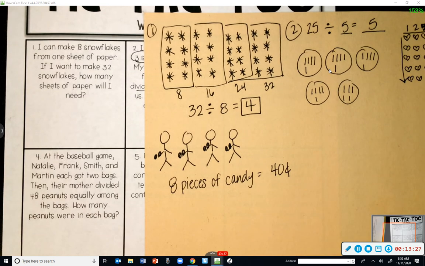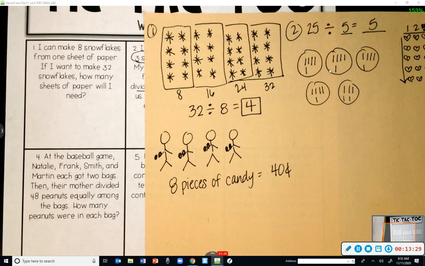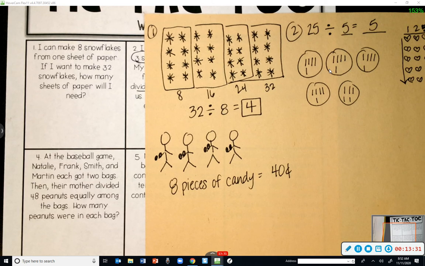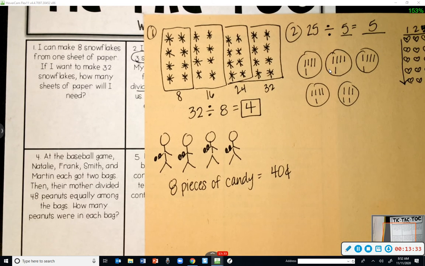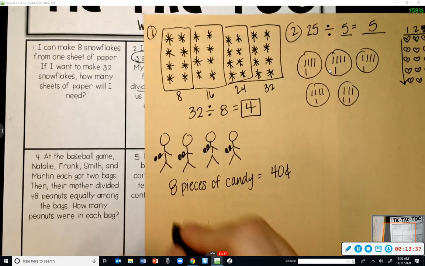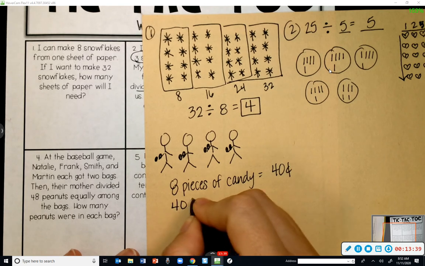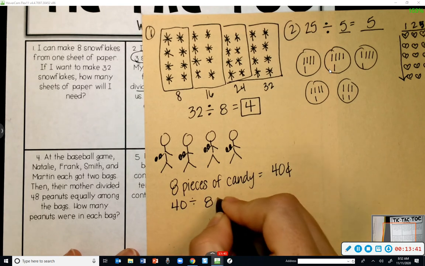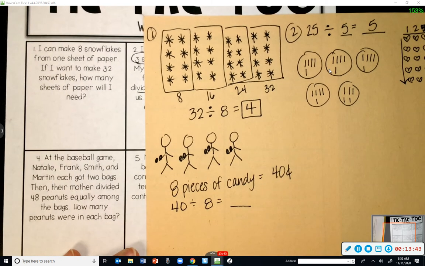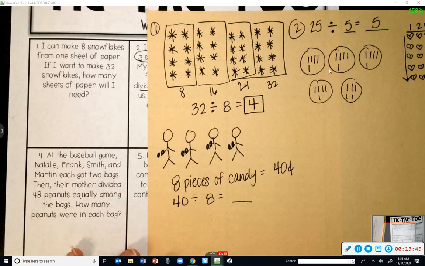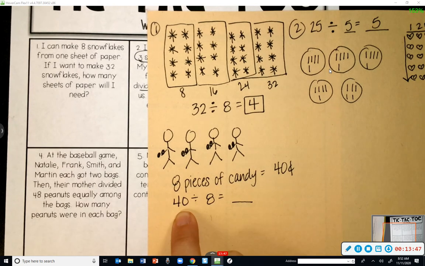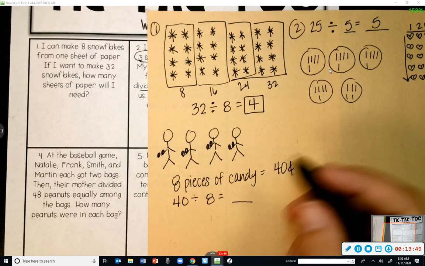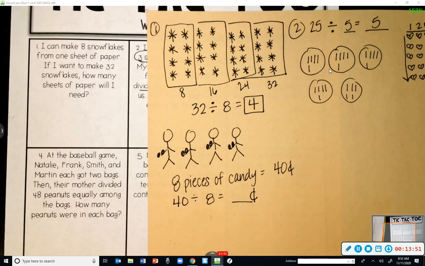She said I have 40 and she said I need to divide it by 6, but we're not going to divide by 6. What are we going to divide by? 8. So if I'm doing 40 divided by 8 pieces of candy, what can I do to solve that? Ooh, I know. And this is 40 cents, by the way, so our answer needs to be in cents.